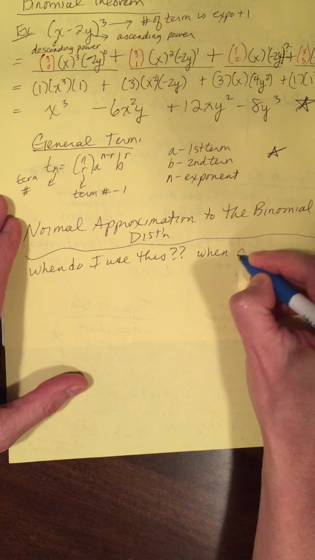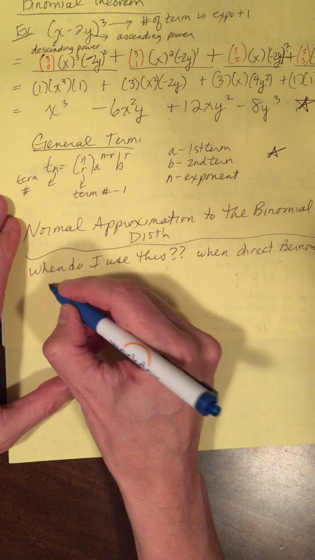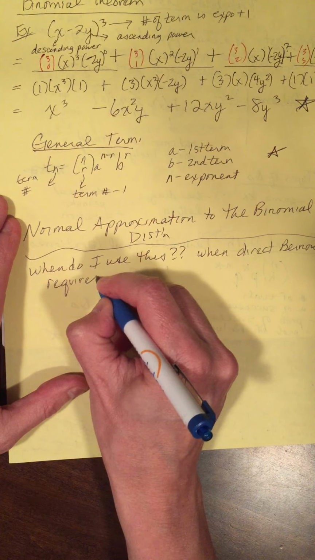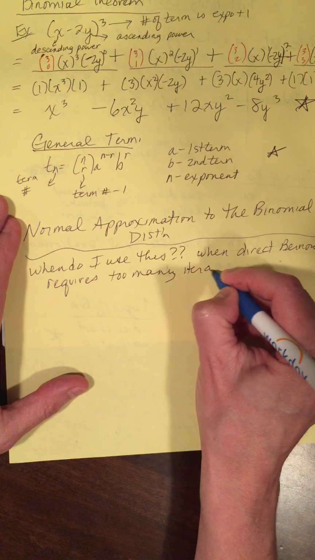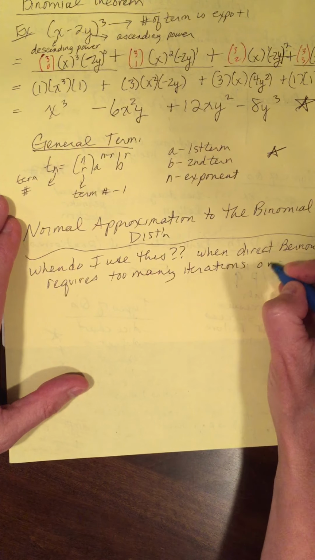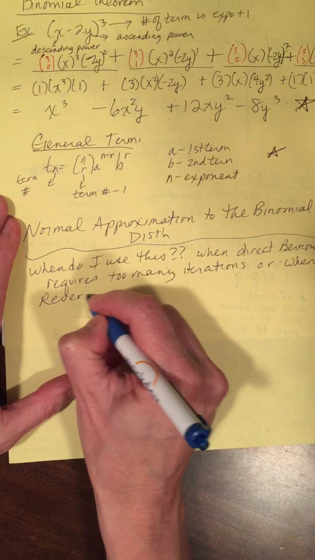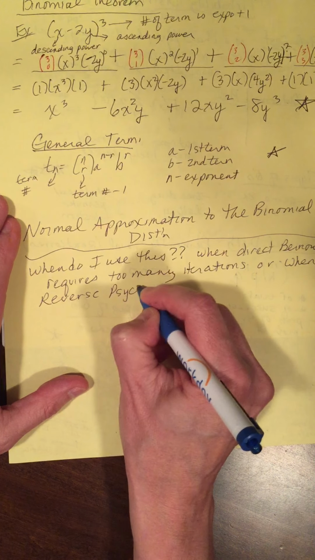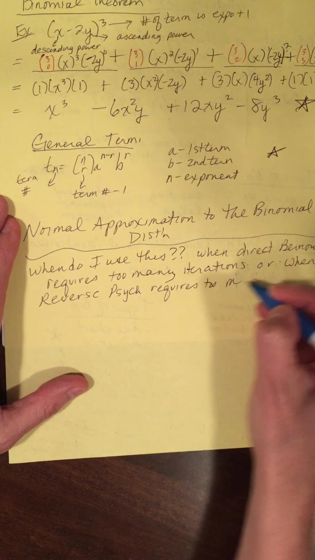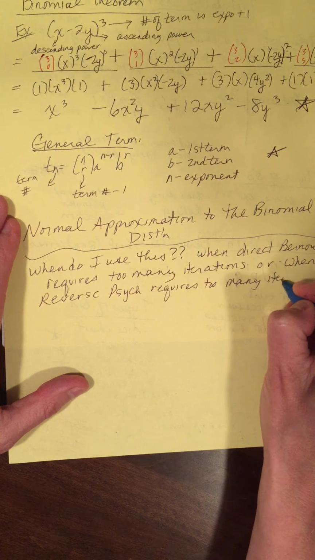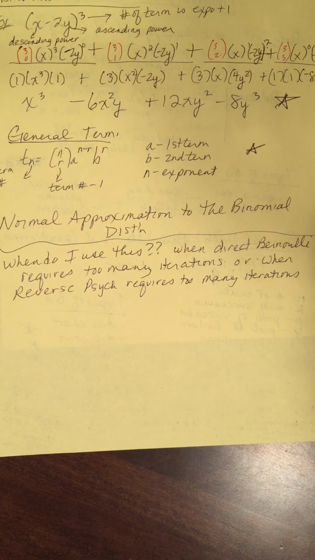When direct Bernoulli requires too many iterations, or when reverse psych requires too many iterations. So we talked a lot about this during the lesson.